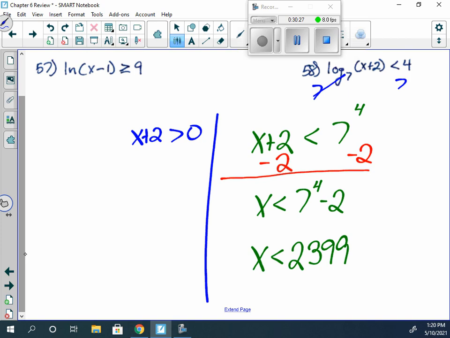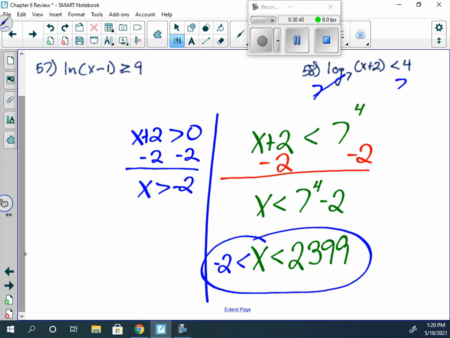And now we have to solve for the value of x. So x has to be greater than -2. So -2 is less than x is less than 2,399.